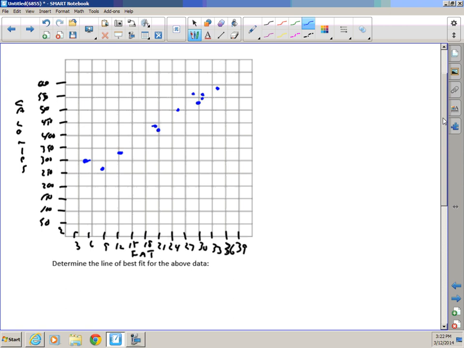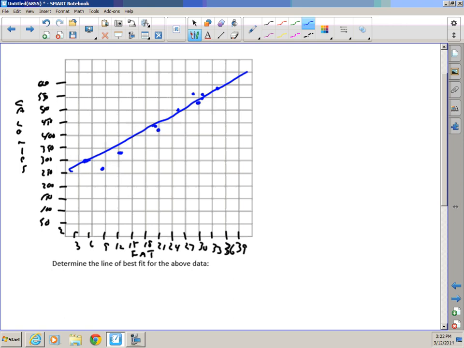But what I called out is that if I went through the data point (5, 300) and (20, 440), somewhere around right here, something like that. Now, this is unfortunately not the greatest because I'm drawing freehand. I've got a pretty good representation of data points on each side, okay?